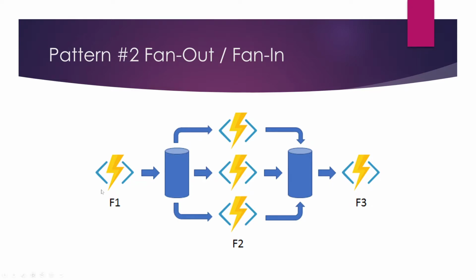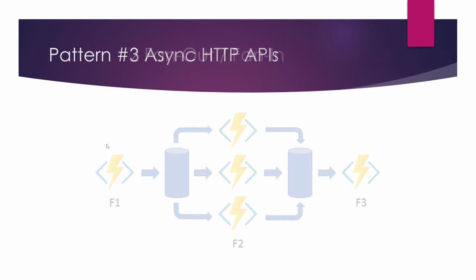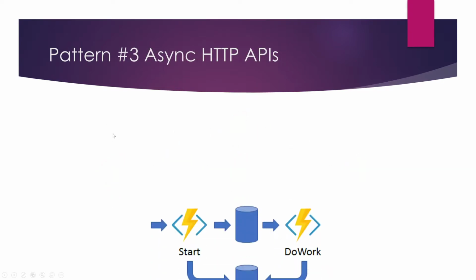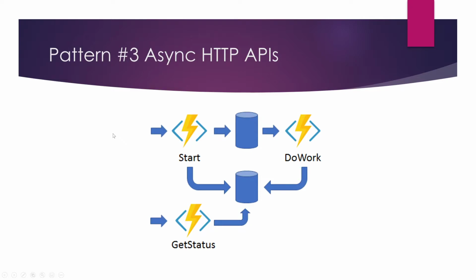If you look at function one in this situation, this is the initiator, and then these functions under F2 are all run in parallel, waiting for the result. Some aggregation is done, and then that is returned to function 3. So if you want to do a fan out and then a fan in, yes, you can do that using durable functions.